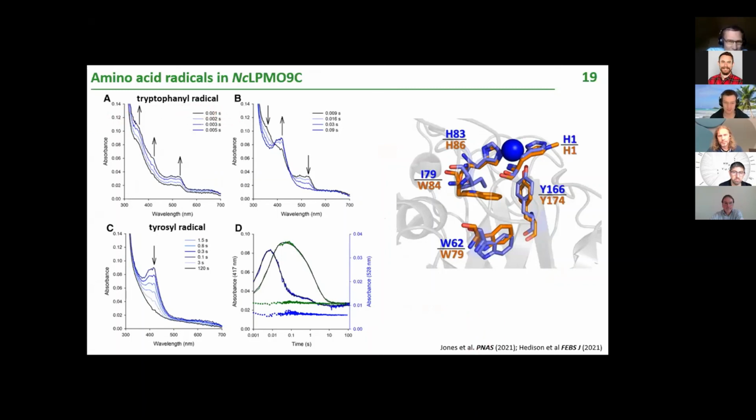That has been first observed by Jones et al., a very wonderful publication. They saw that when you react LPMOs with hydrogen peroxide without a substrate, you generate radicals, and these may take away oxidizing species from the active site. So they're kind of an emergency mechanism to prevent auto-oxidative damage.